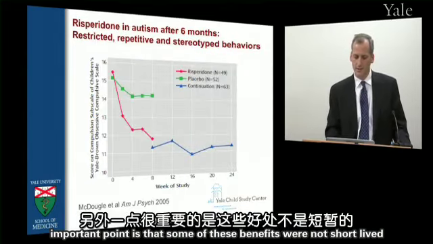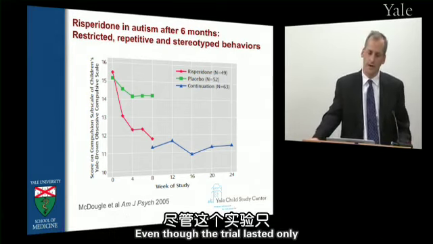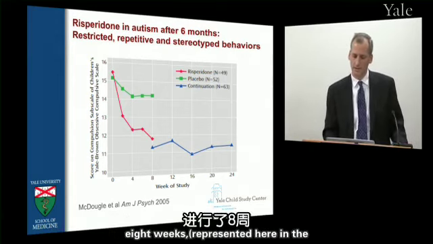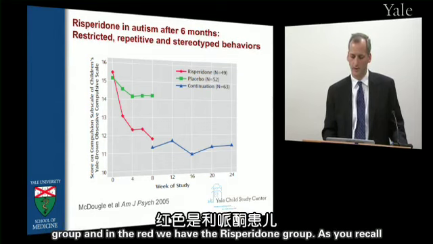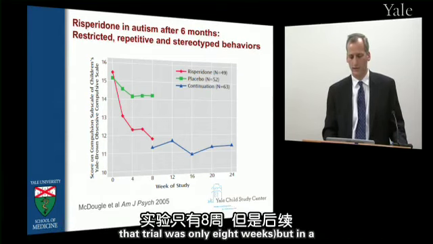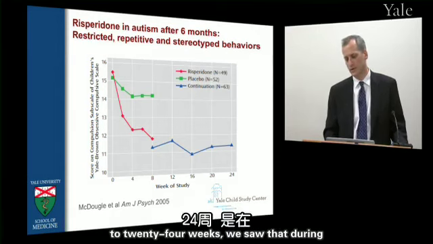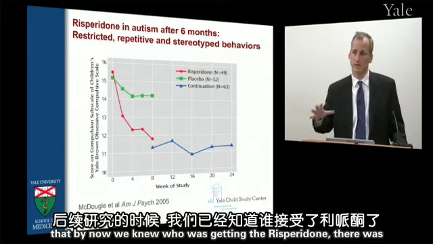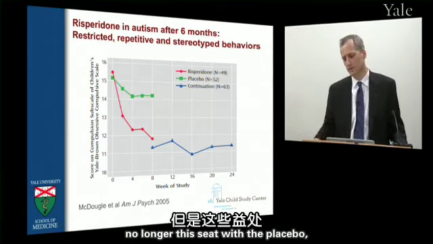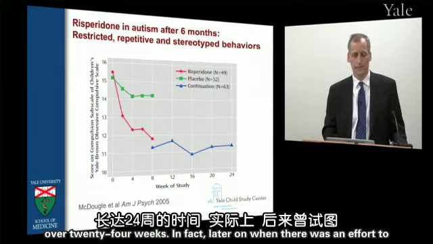Another important point is that some of these benefits were not short-lived. Even though the trial lasted only 8 weeks, represented here in the green and the red bars. In the green we have the placebo group, and in the red we have the risperidone group. But in a subsequent study that went out to 24 weeks, during open label extension, meaning that by now we knew who was getting the risperidone, there was no longer this deceit with the placebo, these benefits were sustained over 24 weeks.